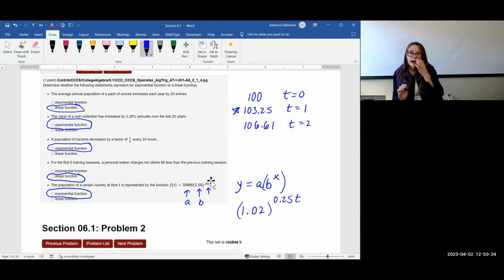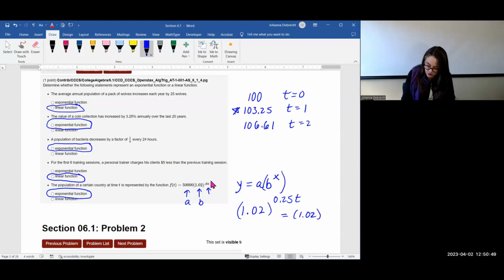Now, when I look at that, remember the exponent rules mean that if I have 2 powers that are multiplied together, I actually can apply one at a time. So I could rewrite this instead as 1.02 to the 0.25 power, and then I could raise this whole thing to t. In other words, what I've got here is 1.02 to the 0.25 power, which is a totally different number. And that's actually what my base is.